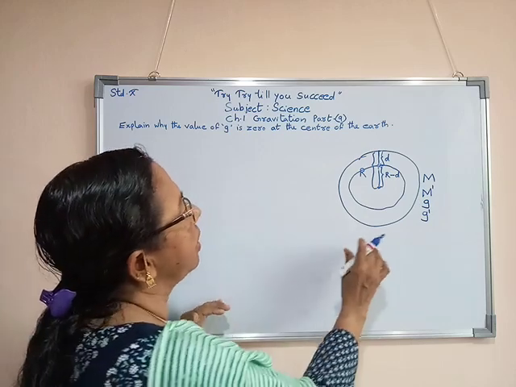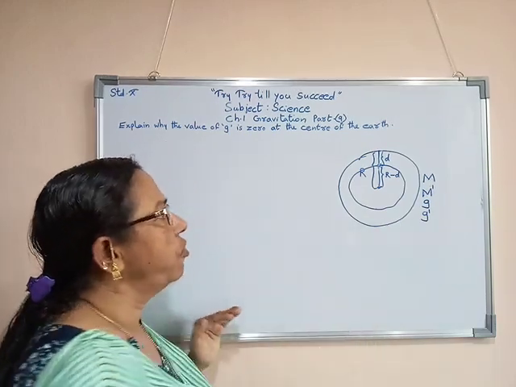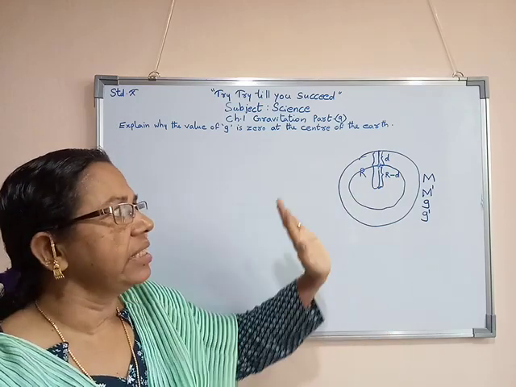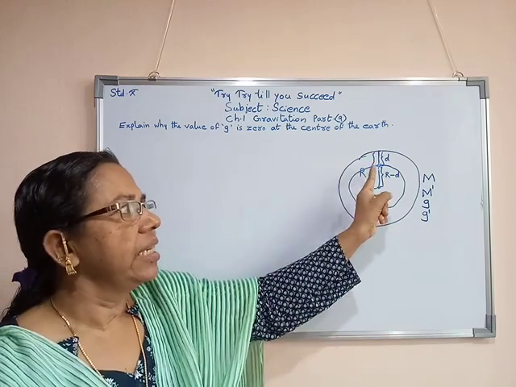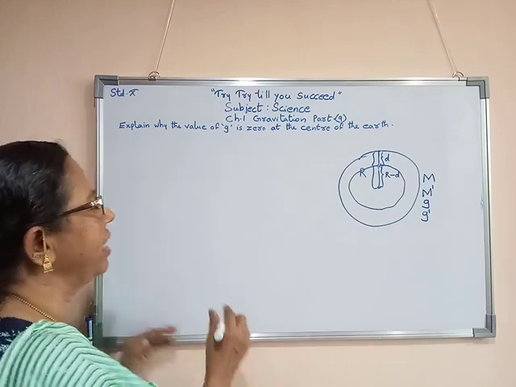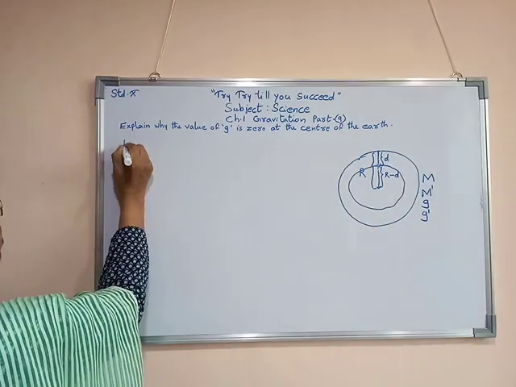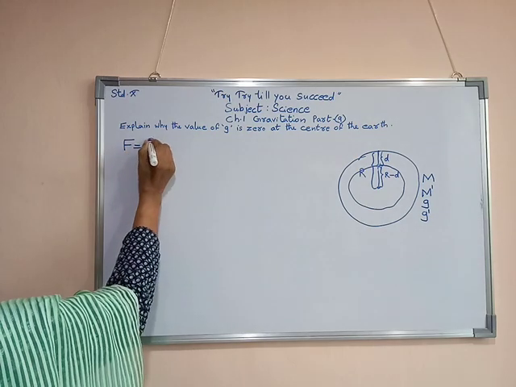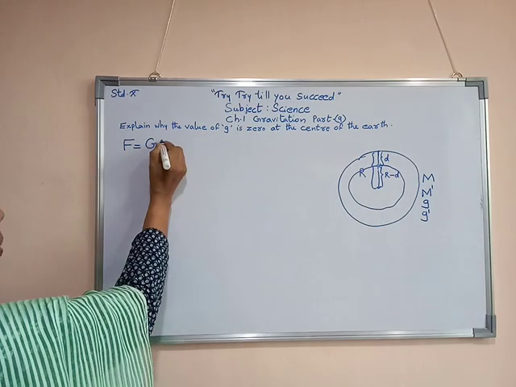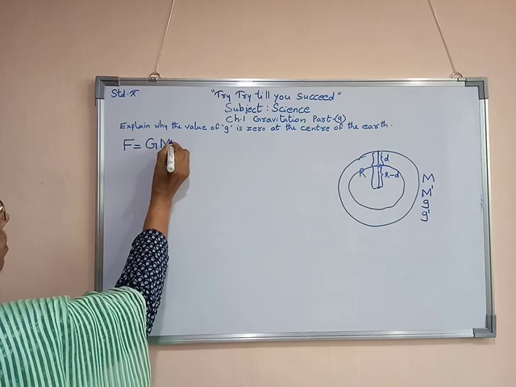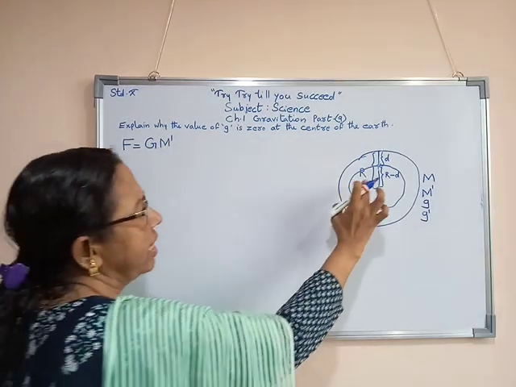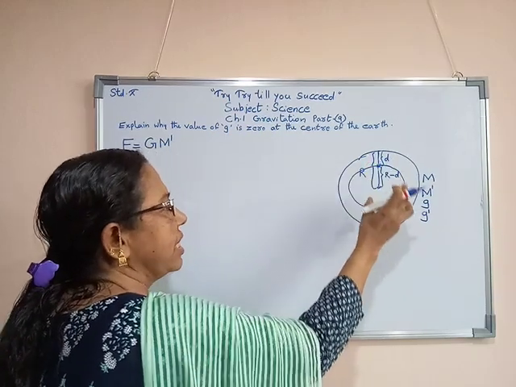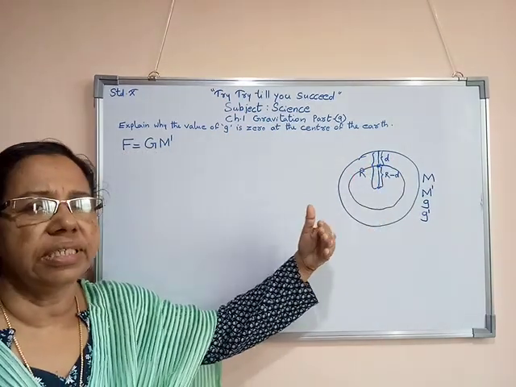Now we are finding the gravitational force acting on this object by the earth. For finding that, we have one formula, that is capital F is equal to capital G into M dash, because we are studying about this object only. Here the object is lying, on this object how much gravitational force is acting.